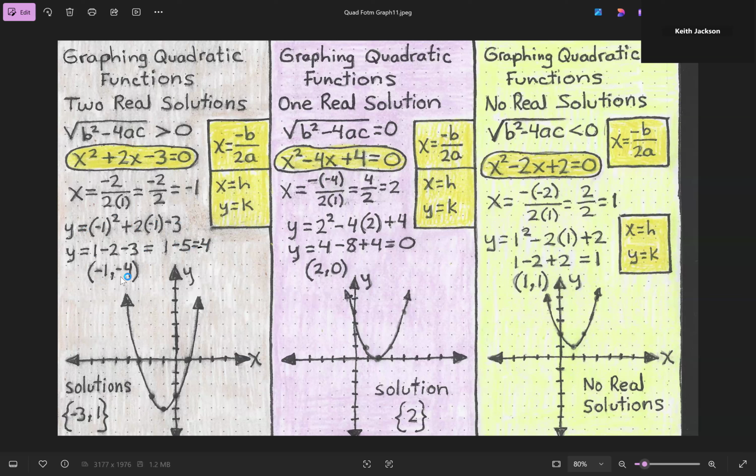And so as you can see, our vertex is going to be at negative 1 for our x value and negative 4 for our y value. And guess what? Now we have our axis of symmetry. And because 1 is the leading coefficient in this equation, all we have to do is just go over 1 up 1 and then over 1 up 3, because our parabola is going to look just like that, just as long as we have 1 as our coefficient for our x squared term, you see right there.